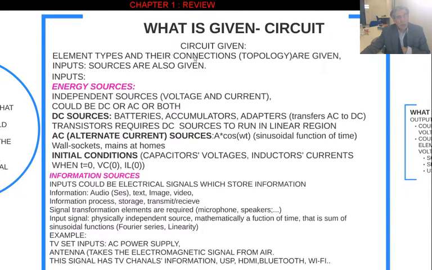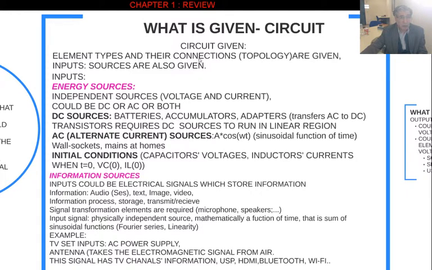Element types and their connections are given. So there are two things that definitely should be given to you: what type of elements are going to be included in this circuit, and how those elements are connected to each other. The connection is also called topology. So this information should be given when the circuit is given to you.